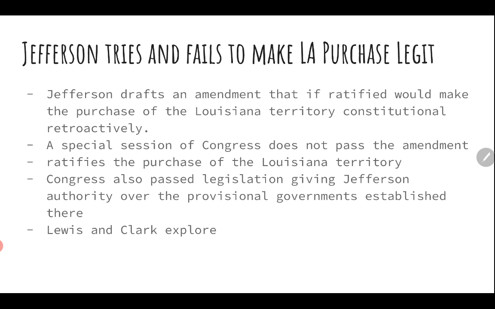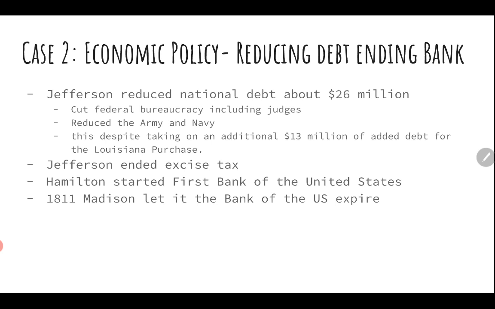But if you look at the strict constructionism of it, he tries to draft an amendment that was supposed to retroactively make this okay. It doesn't really work. And then Congress just passes legislation that gives him authority to do it. So he stretches the Constitution in order to take advantage of this great deal.